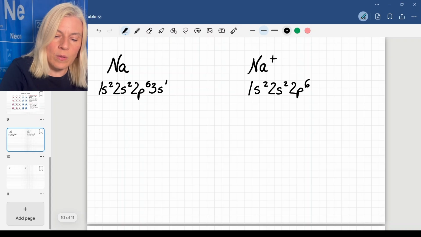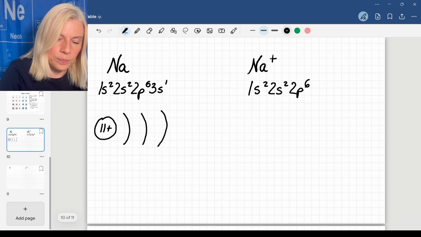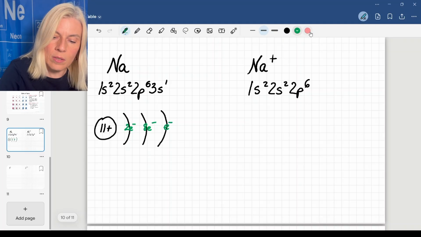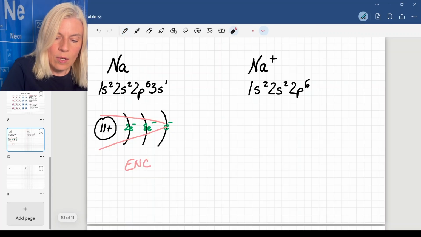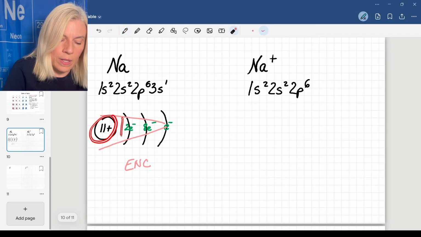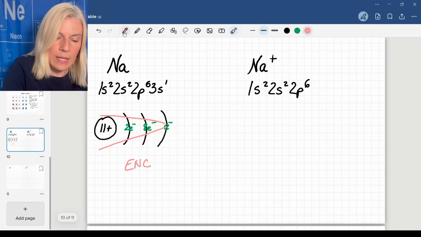We're going to draw our picture. We have 11 protons, 3 energy layers, and we're going to say 2 electrons, 8 electrons, and one more electron last. We're going to pick the effective nuclear charge, E and C, of the last electron. What does it see? Well, it sees 11 protons, but then there are 10 electrons blocking. Yes, 11 minus 10, it's as if seeing +1.